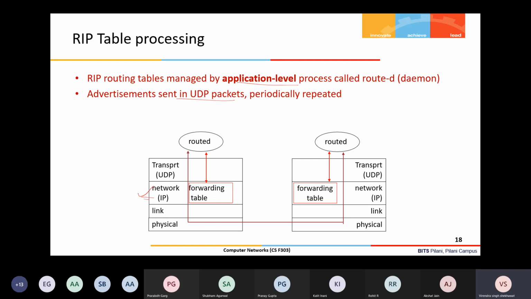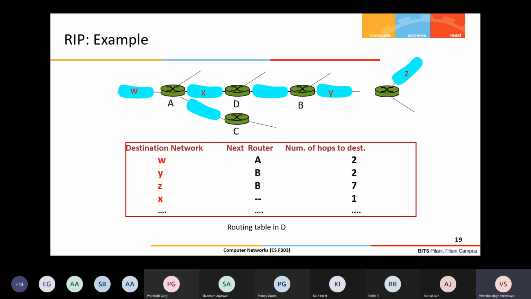So you can say it's an application which runs at the network layer. The application level process is called routed, which is a daemon. A daemon is a process which runs continuously, repeating periodically. You might have learned about daemon processes in operating systems.